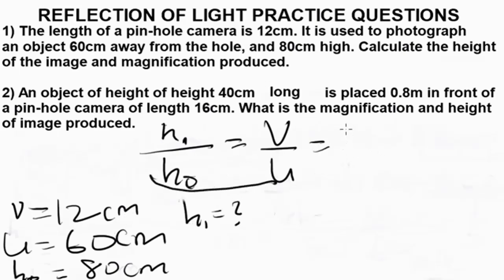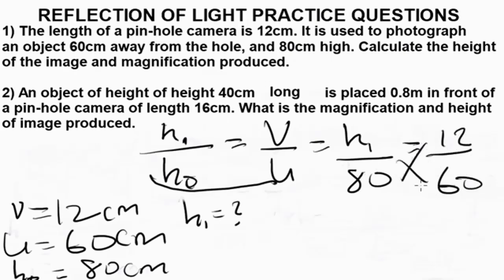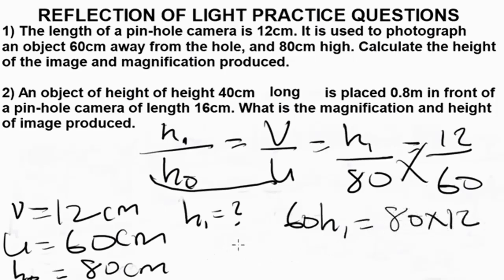You're going to have HI over our HO, which is 80, equals our V, which is 12, over our U, which is 60. So cross multiply, going to have 60 HI equals 80 times 12. So 80 times 12 is going to give us 960.